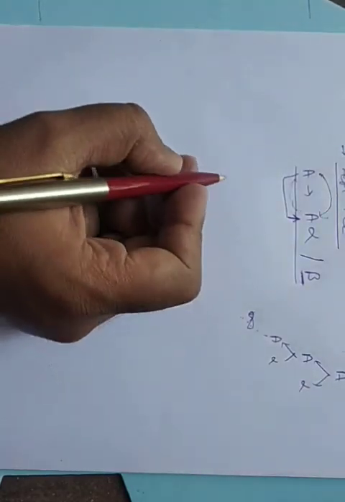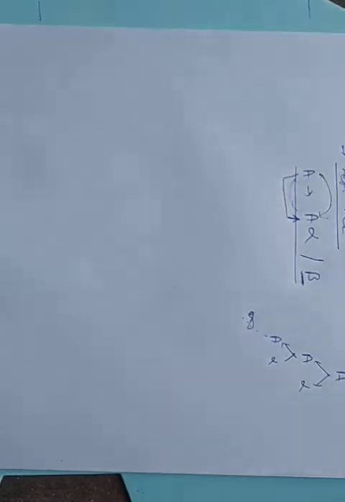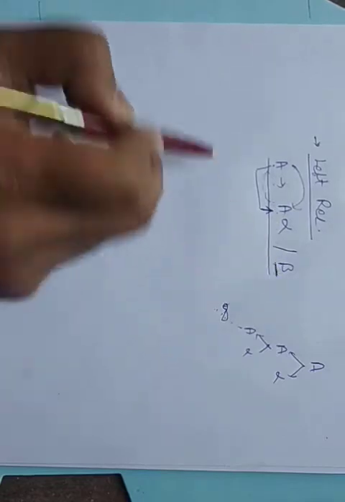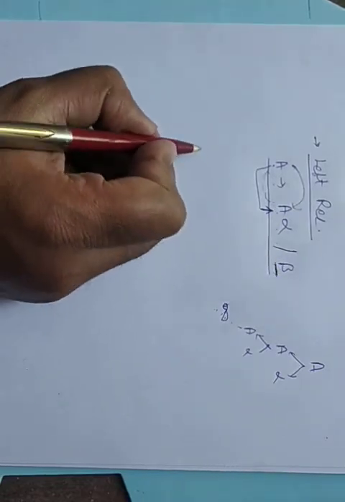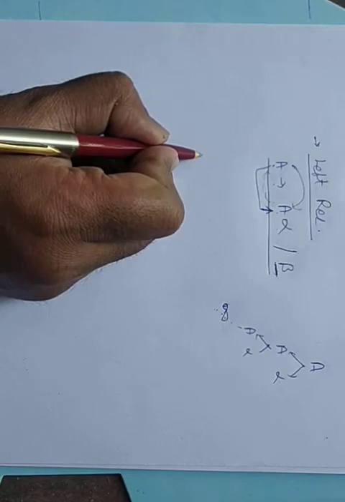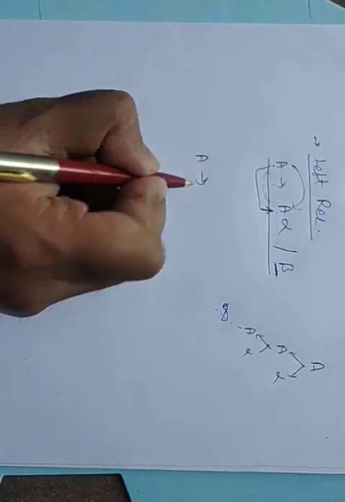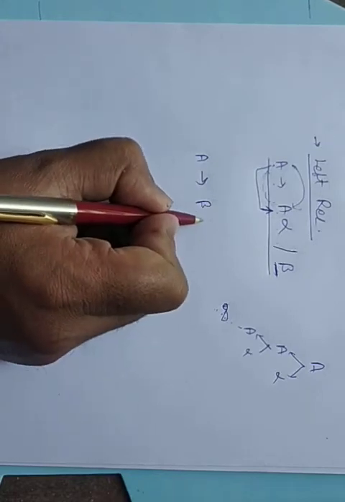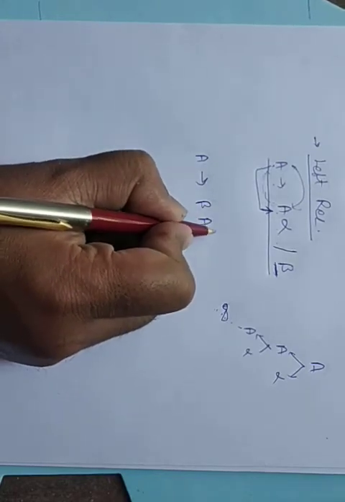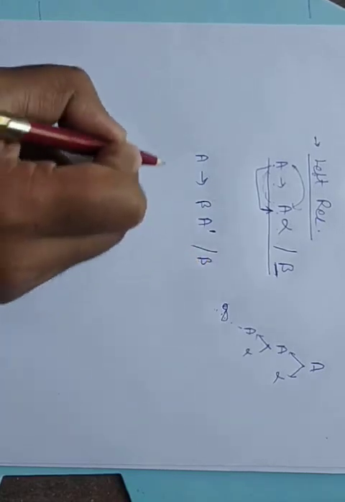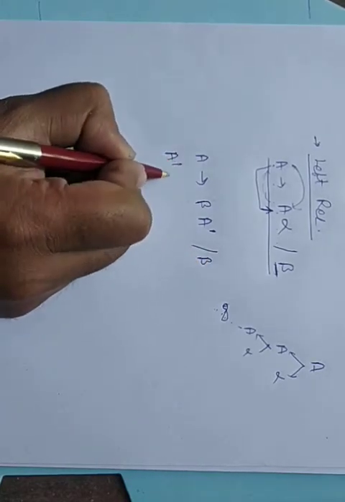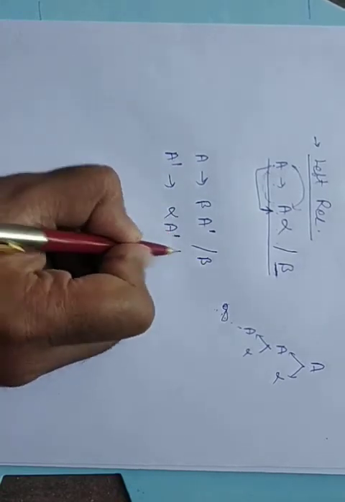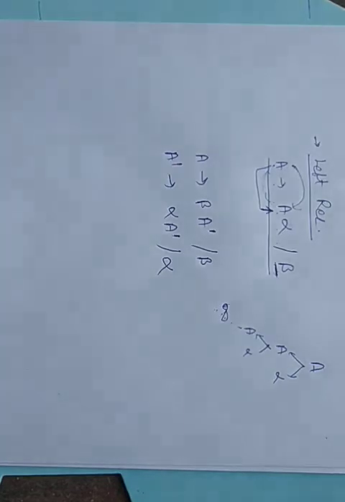The formula says that if a grammar has left recursion, for example, let's take the same one, A produces A alpha slash beta, then A produces beta A dash, where A dash is a new variable.